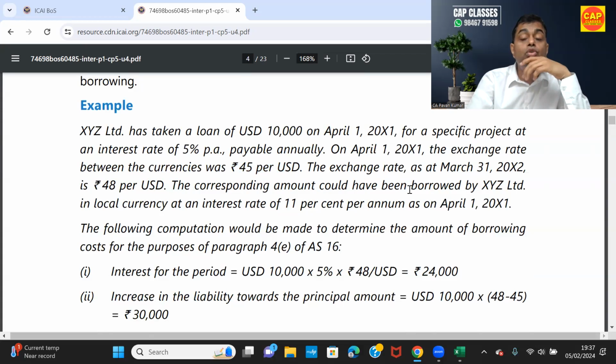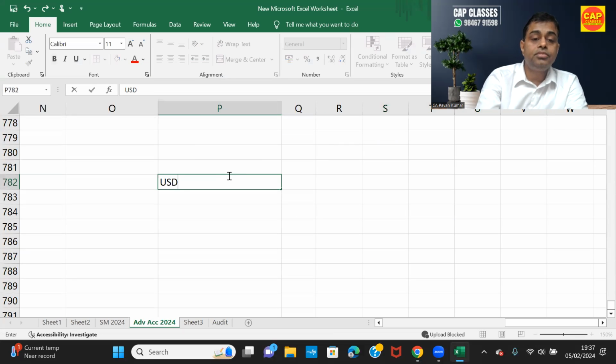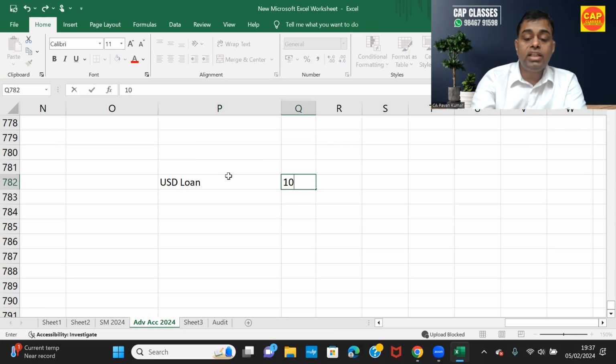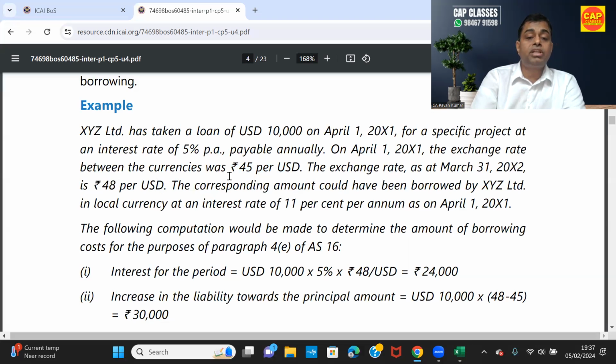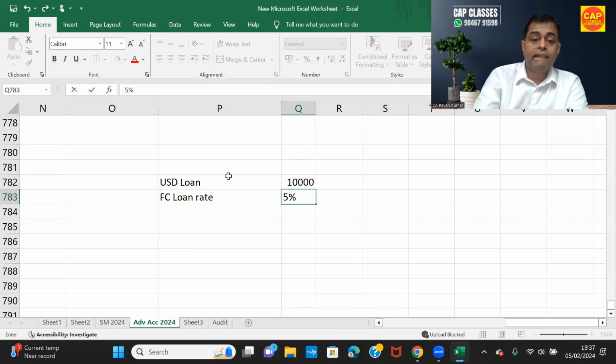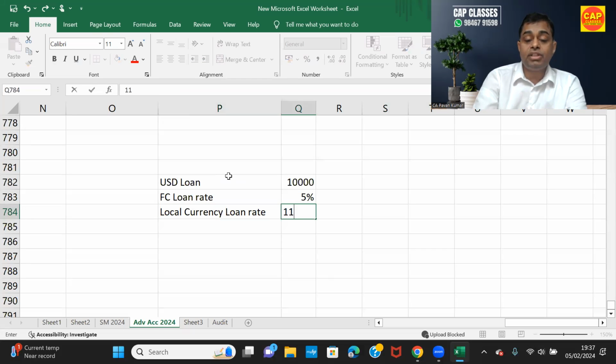The corresponding amount could have been borrowed by XYZ in local currency at 11%. So USD loan 10,000. Foreign currency loan rate 5%. Local currency loan rate 11%.